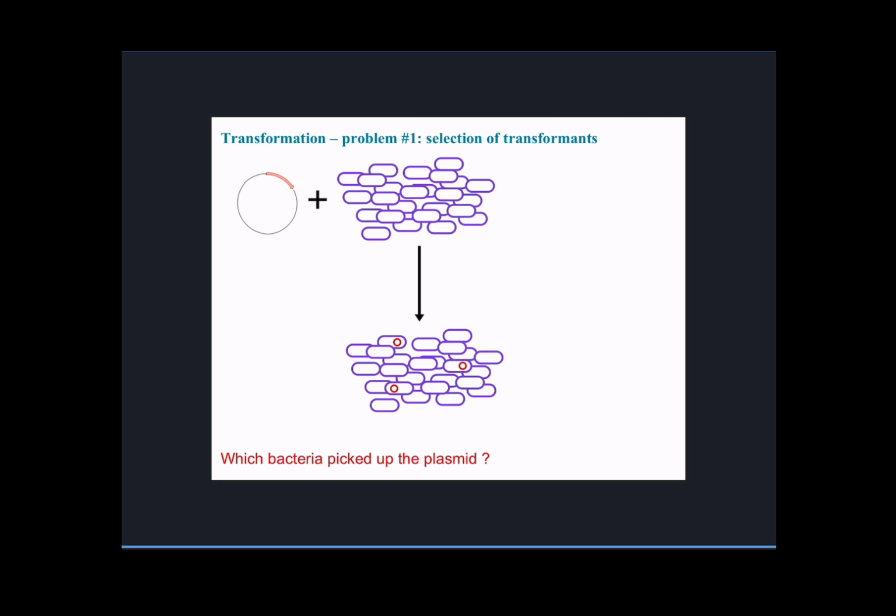Here's where a concept that we call selection comes in. And it's pretty self-explanatory. What we do is we purposely select for the bacteria that now have the plasmid that we want in them. How does natural selection work? Survive. What happens to the others?